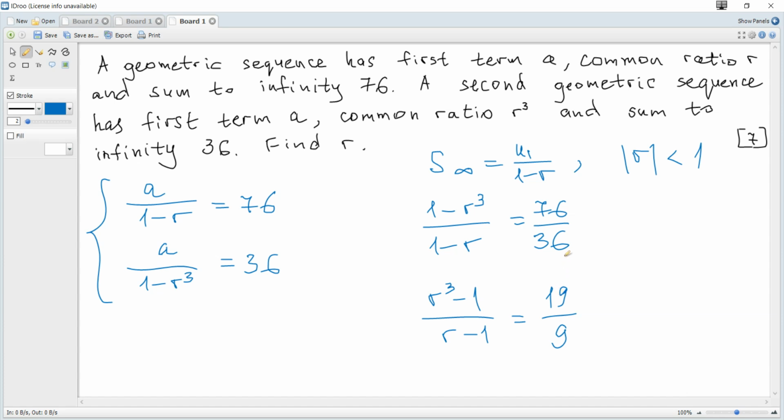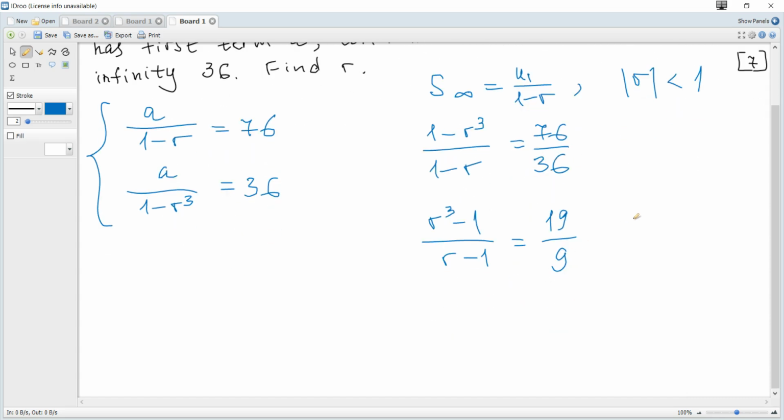And you can see that we get an equation of degree 3, and it's paper 1 question, so without a calculator. And how can we solve it?